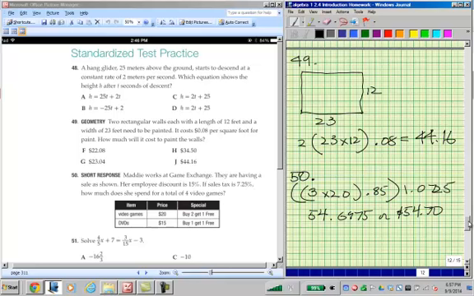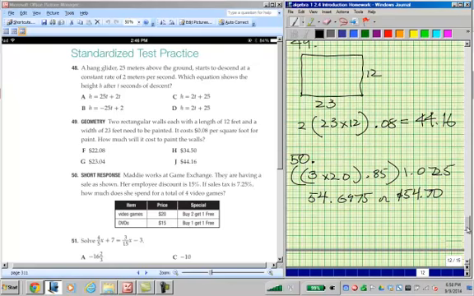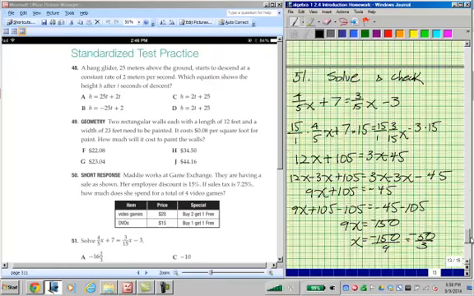But if you think about it, it makes sense to do 3 times 20 times 0.85, because that's what she's paying. She's paying 85%. And then she's paying the whole thing plus 0.0725, so 1 plus 0.0725. So 3 times 20 times 0.85 times 1.0725, which is 54.6975, or $54.70.